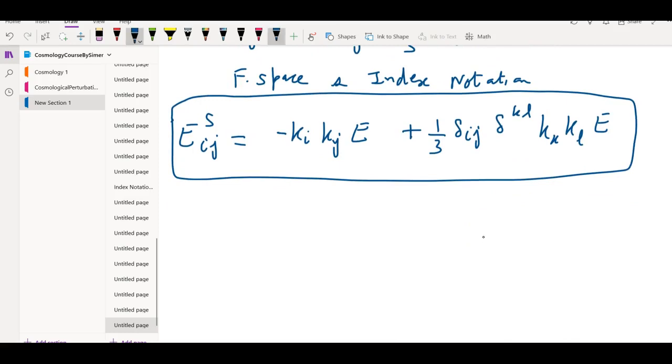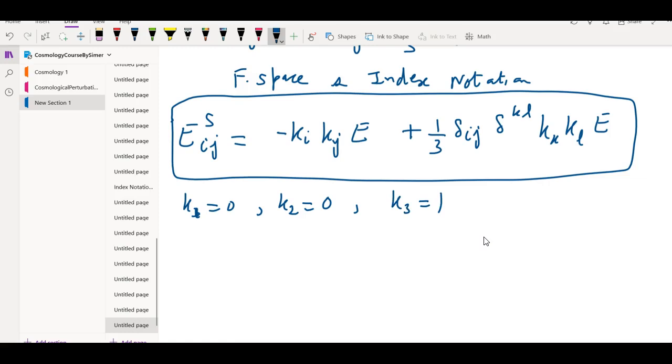Right. Now let us see what components are there, because only k_3 is nonzero: k_1 is 0 because of our orientation of k along the z axis, and k_3 is 1.